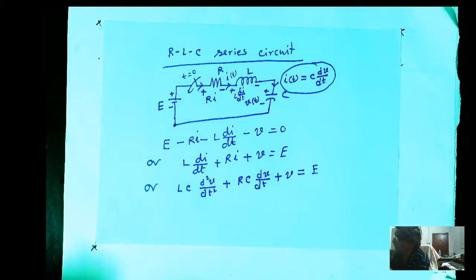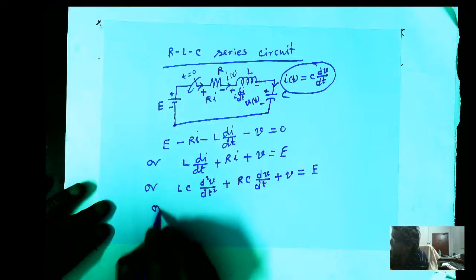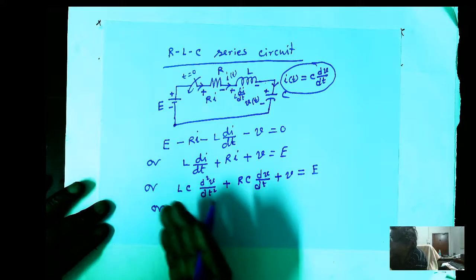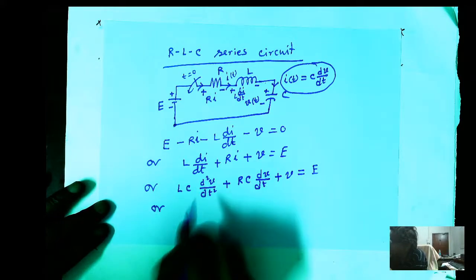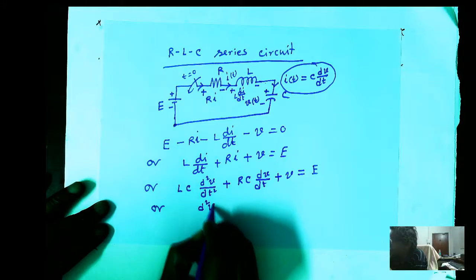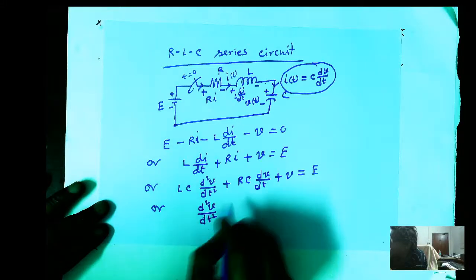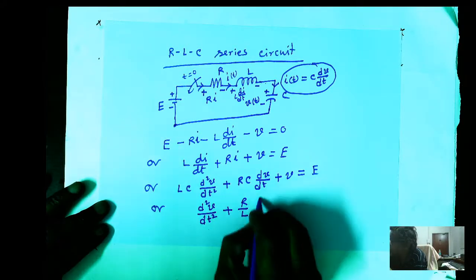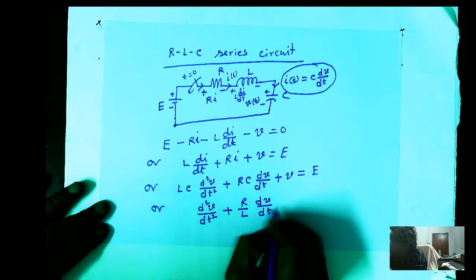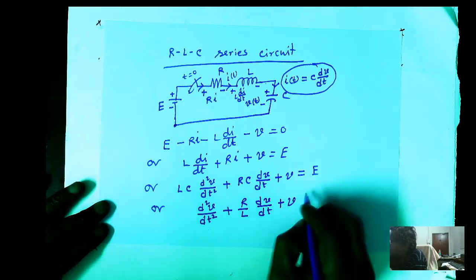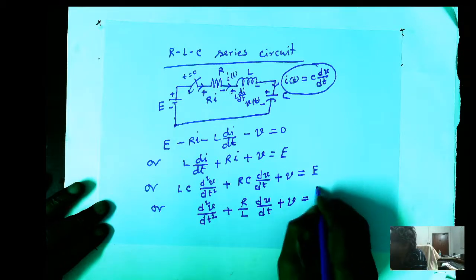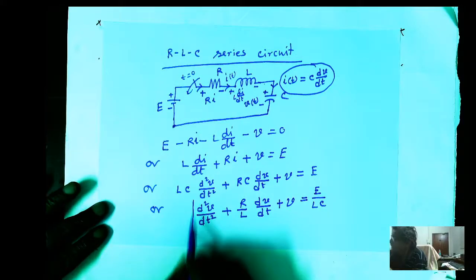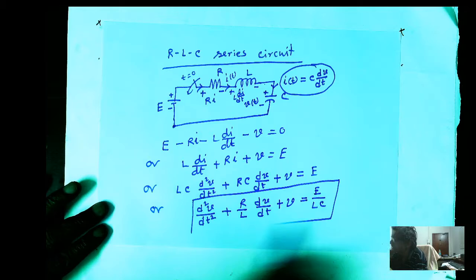And as I told you, I will normalize the coefficient of the highest order to 1. So divide by LC both the sides, so that it will become d2V/dt2 plus R by L dV/dt, C cancels, plus V, and that is equal to E over LC, because I have divided both sides by LC. So this is the differential equation.